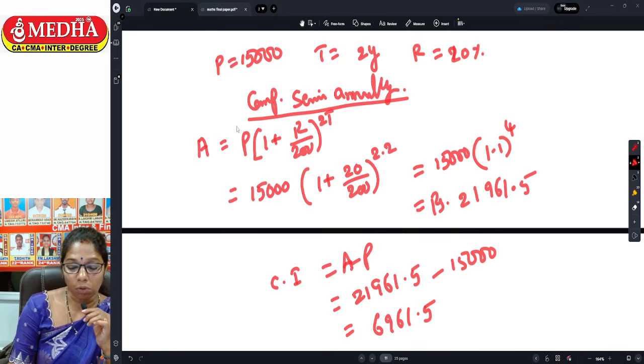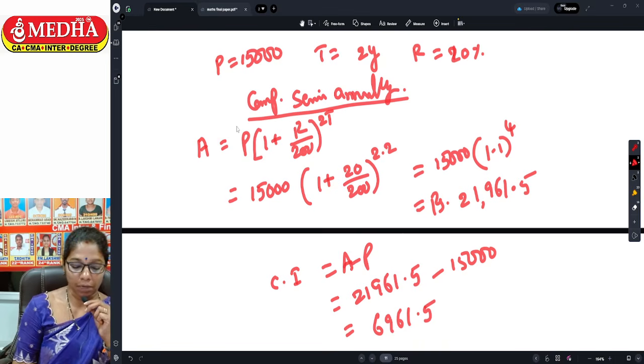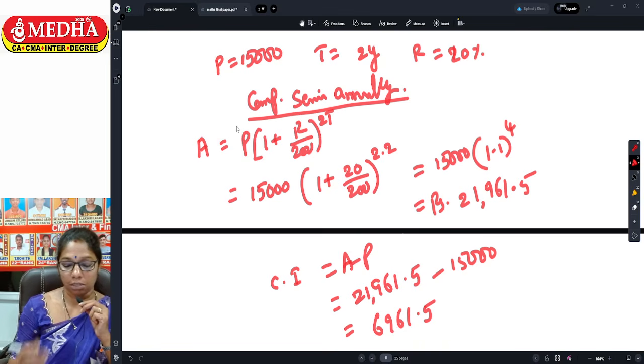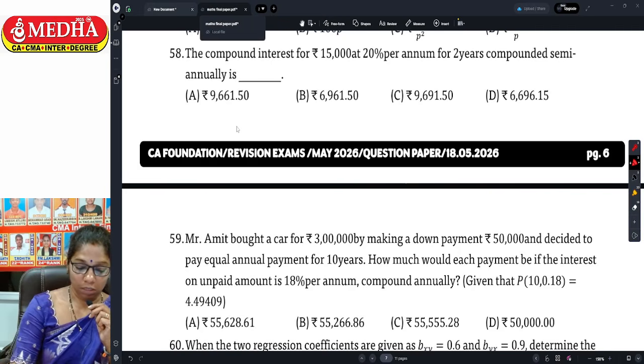That is 1.1 whole power 4 into 15,000, that is 21,961.5 is the amount. But the given question is what is the compound interest when it is compounded semi-annually. So amount minus principal: 21,961.5 minus 15,000 rupees is 6,961.5.